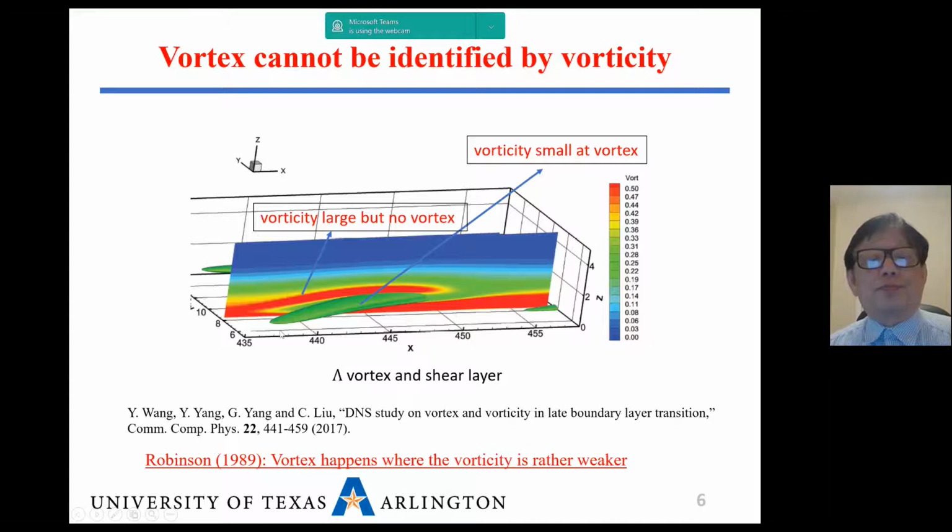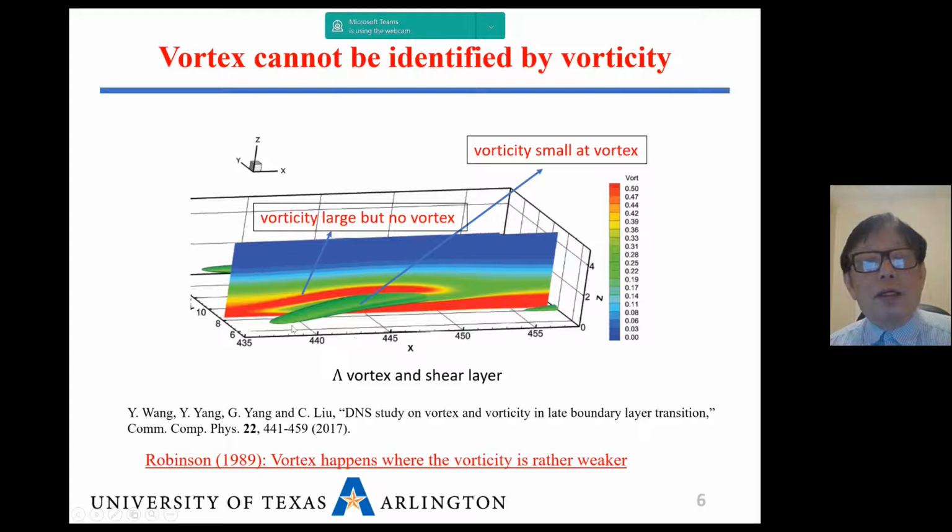Look at this early fluid transition. The green one is vortex. This section is in the middle of the flat plate. The color represents the vorticity strength. Red means strong, large vorticity, green smaller, and blue is small.